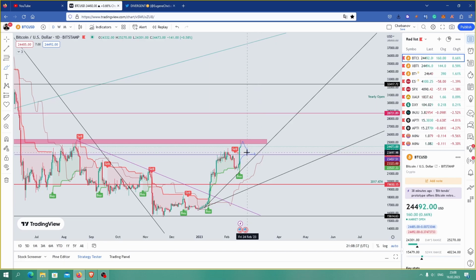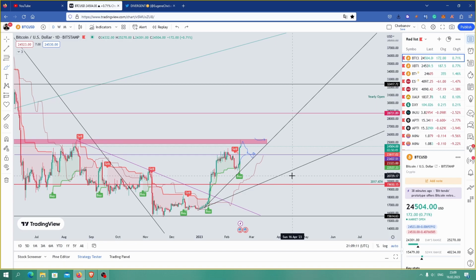But if we break it to the downside again, then the resistance will appear, and we are going for the retest here again, of the super trend's resistance. If we fail to break it, then we are going down, and we finally break this trend line, and after we break this important trend line, definitely we are going for the trend line support retest.